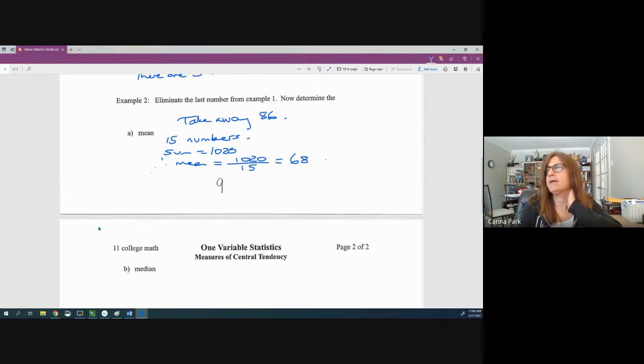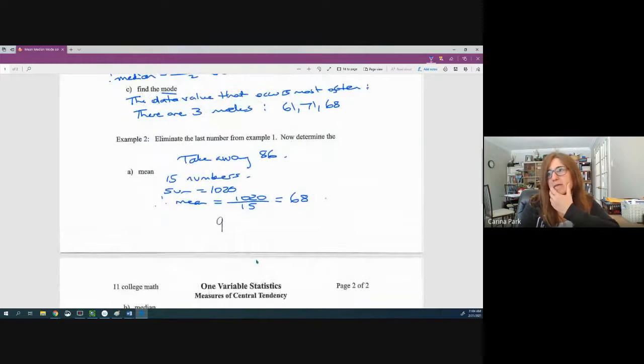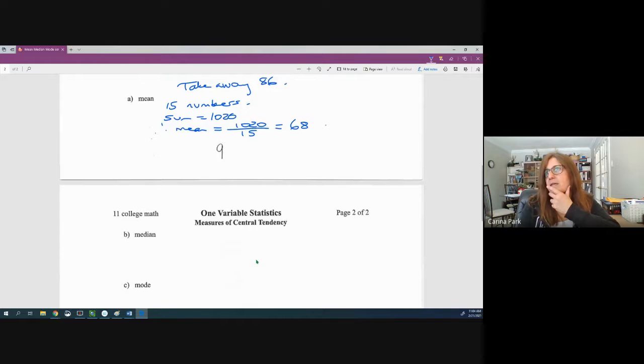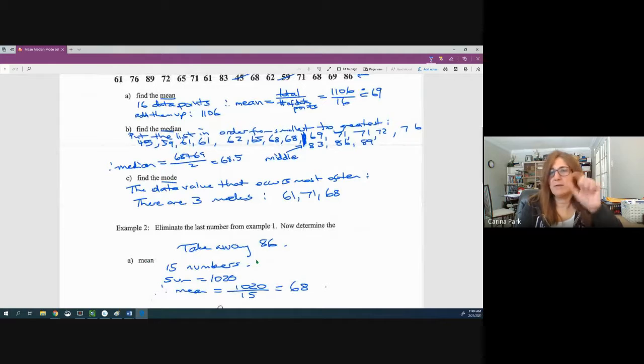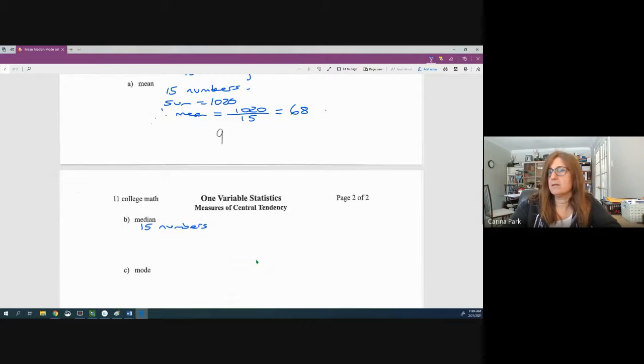Okay, so it's changed a little bit. Mean used to be 69, approximately. Now it's 68. And then what's going to be the median in this situation? So if you have 15 numbers, that's an odd number. So that's actually good. That means that there's going to be a number in the middle when you split the groups in half. So when you split the 15 numbers, you're going to have 7 numbers, then the median, then the other 7 numbers.